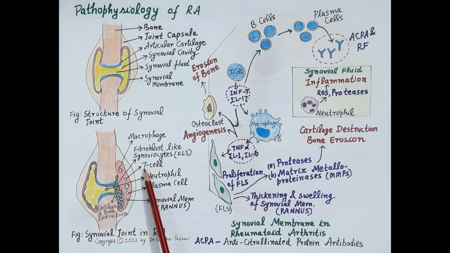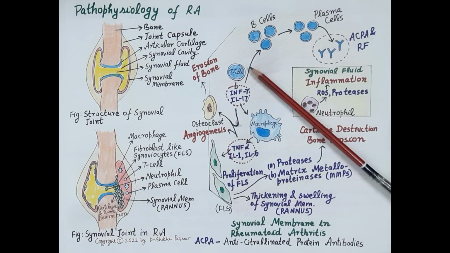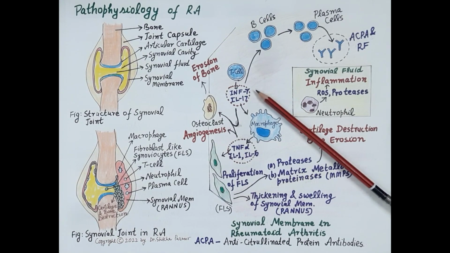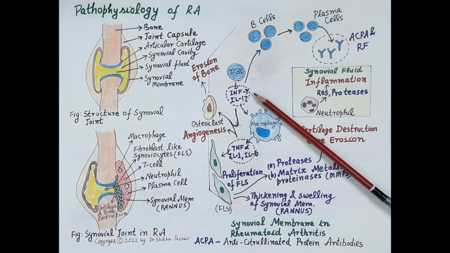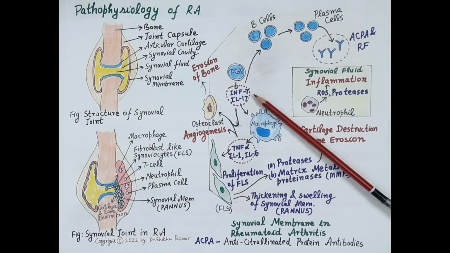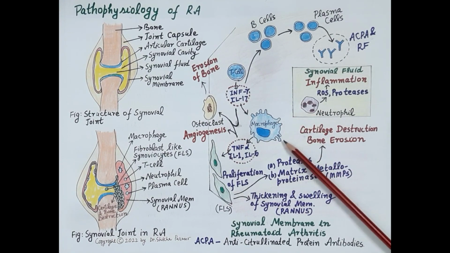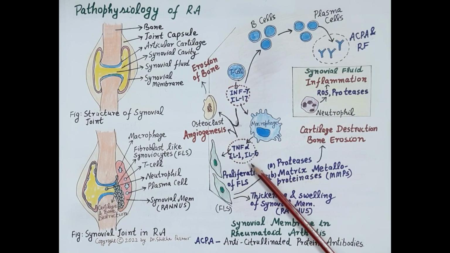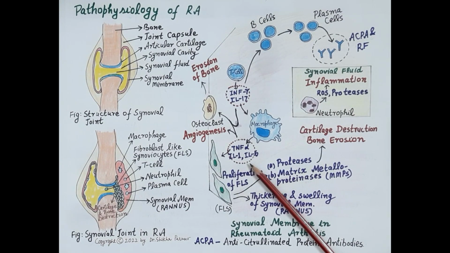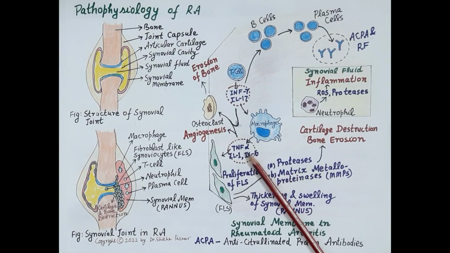Now, T cells when activated produce cytokines like interferon gamma and interleukin 17. Now, these cytokines activate macrophages. Macrophages further produce cytokines like tumor necrosis factor alpha, interleukin 1, interleukin 6. Now, all these cytokines produce inflammation in the joints. Now, these cytokines also proliferate fibroblasts.